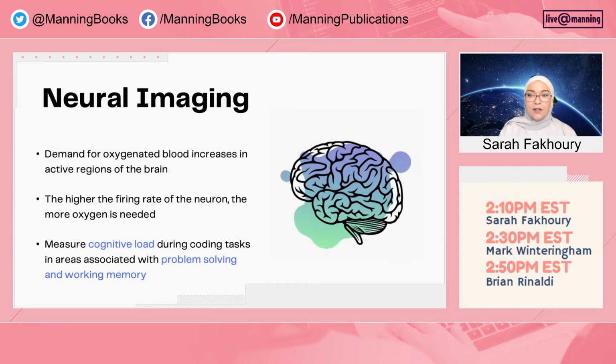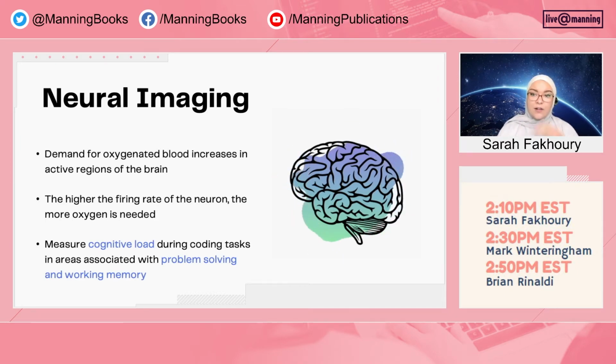We can learn a lot from other researchers who are studying working memory in different domains, like in cognitive neuroscience, right? And they're using neural imaging to quantify cognitive load for different tasks. It all boils down to this concept that different areas of the brain that are active have higher demands for oxygenated blood.